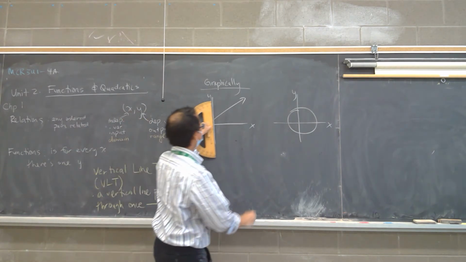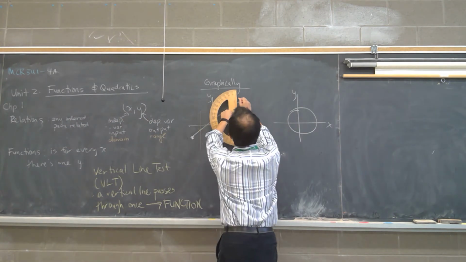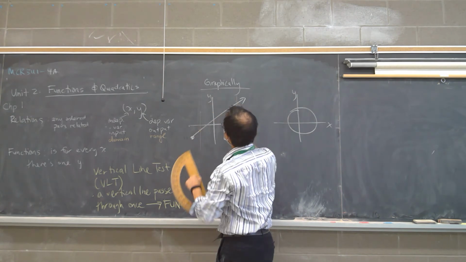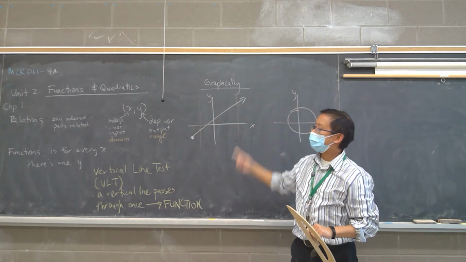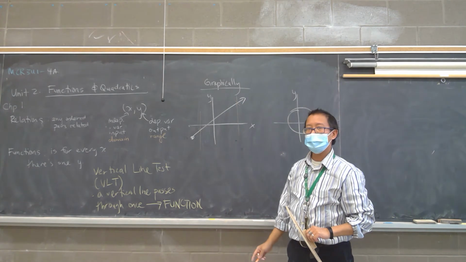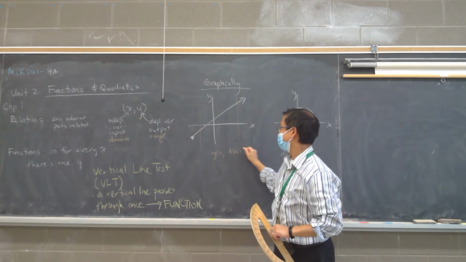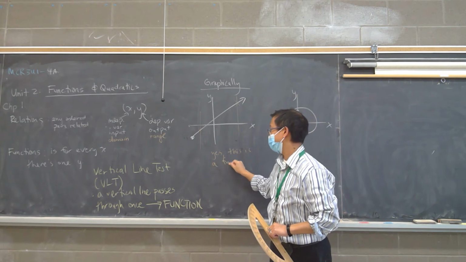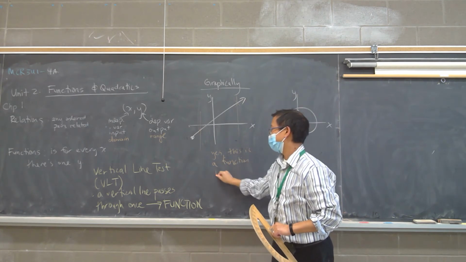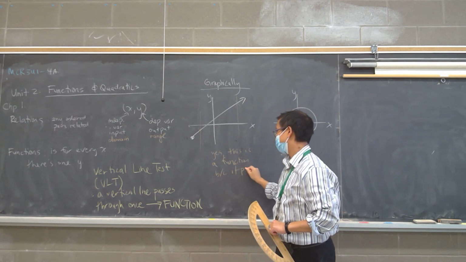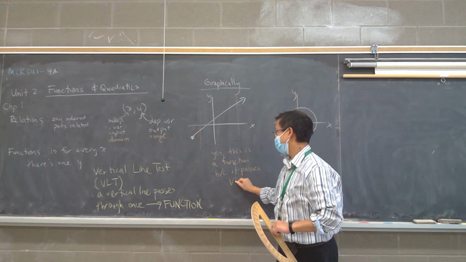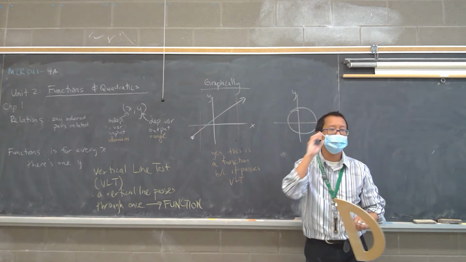If you keep going through the whole image, maybe over here, you check over here, it crosses only once. So one more time, that's a vertical line, the orange line. So yes, this is a function because it passes the VLT, and it satisfies it.